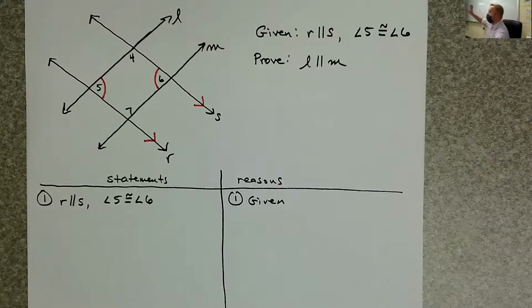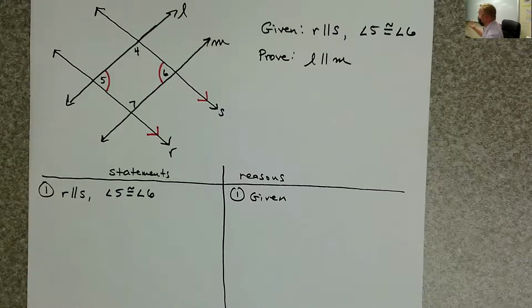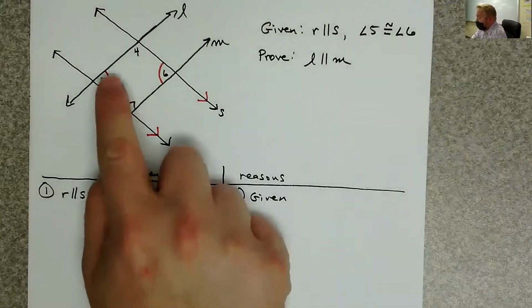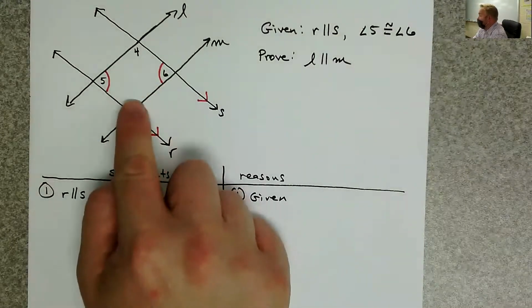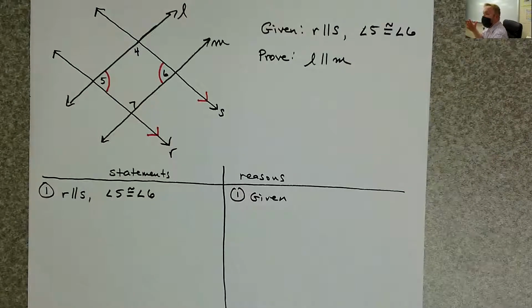Okay, so here's the thing, guys. I've actually made this simpler than it could be, because by numbering these angles, I've given you kind of limited options, which is helpful.